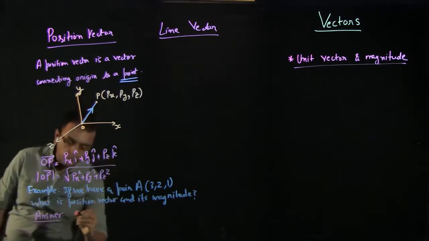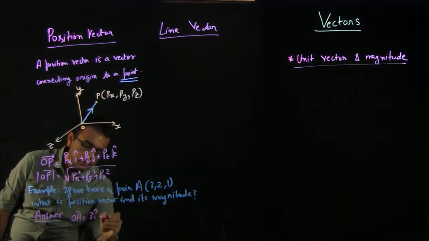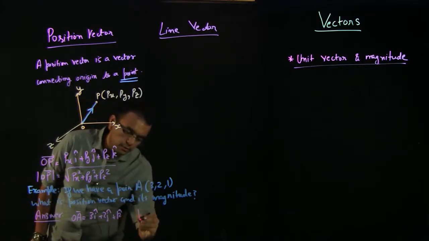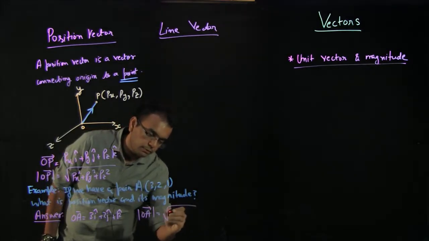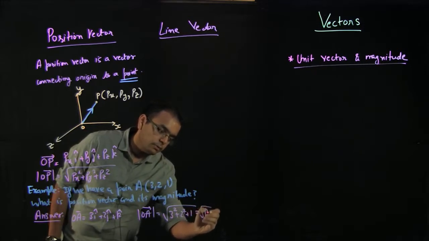OA vector is 3i cap plus 2j cap plus k cap, and OA vector magnitude is square root of 3 square plus 2 square plus 1, which is square root of 14.